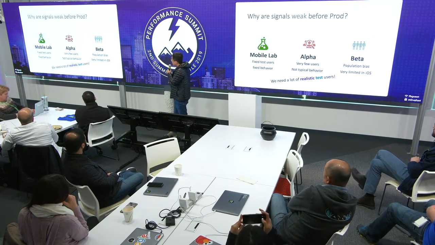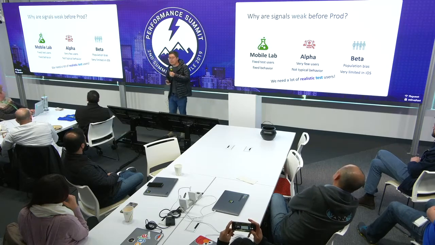And also, if we look at alpha, alpha is typically just the employees, so it has a very small number of users, and employees typically they're not the typical users, they have a very special behavior, like we're all US people using high-end devices, etc. And then if you look at the beta data, well, in beta we definitely have more users, so the data quality is a little higher.